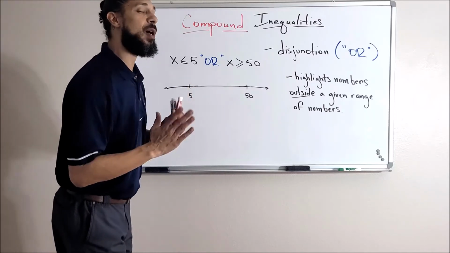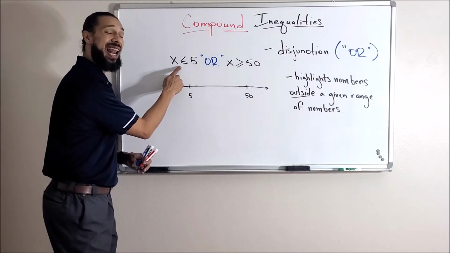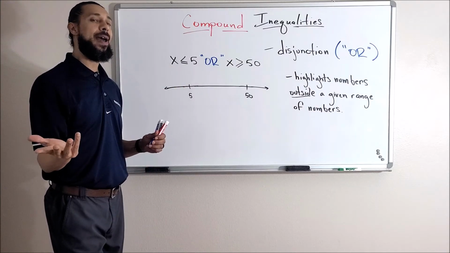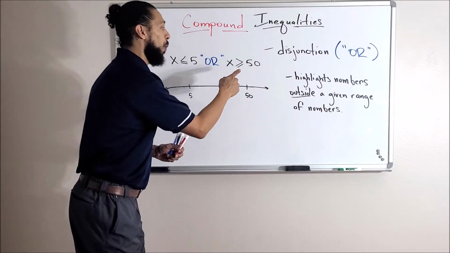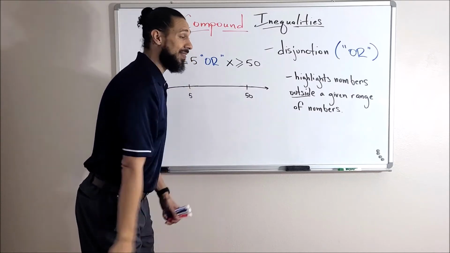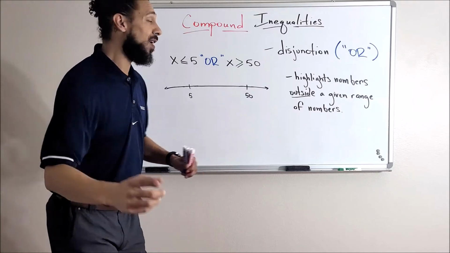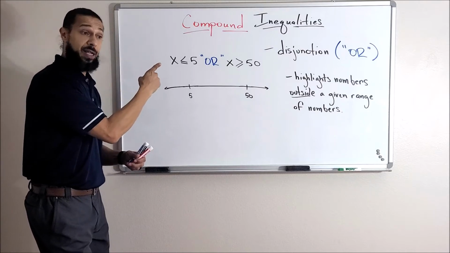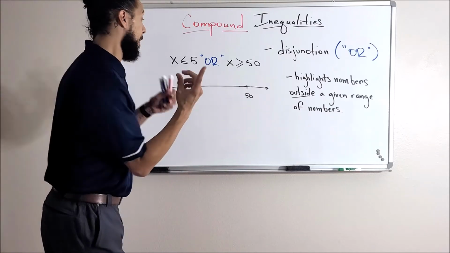If I eat less than 5 meals a week, that's pretty bad. I need to eat more than that. What if I eat more than 50 meals a week? That's bad too. Let's see what that looks like on a number line. If I plotted both of these on a number line, let's see what it would look like.